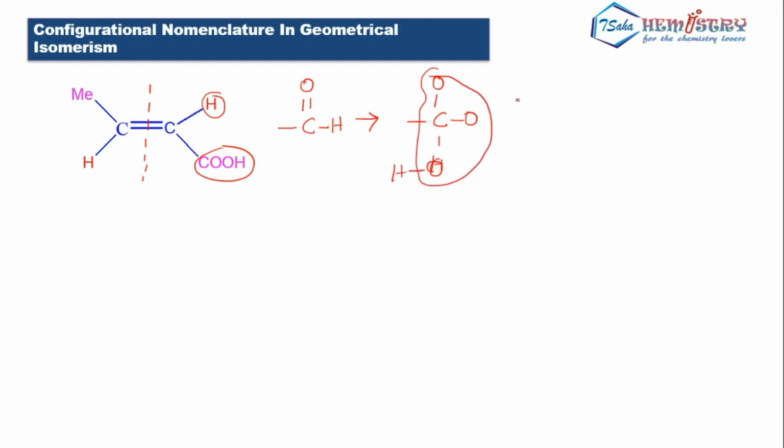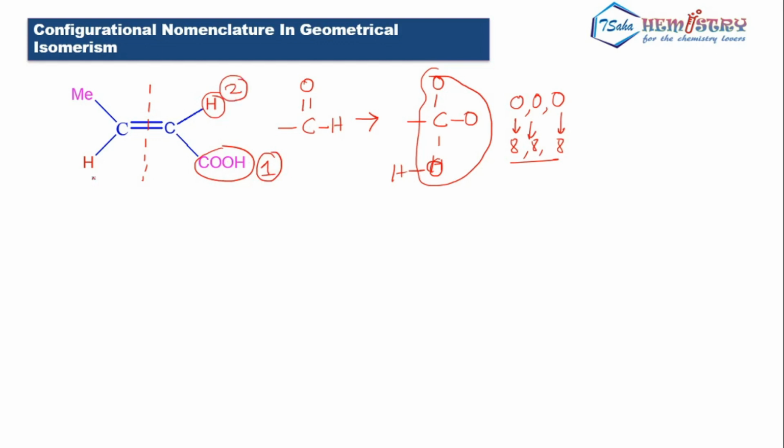Now you have oxygen, oxygen and oxygen, and all the oxygens have atomic number 8. If you compare the atomic number between these oxygens and this hydrogen, automatically the COOH group will get higher priority than hydrogen. So hydrogen is the lowest priority group.